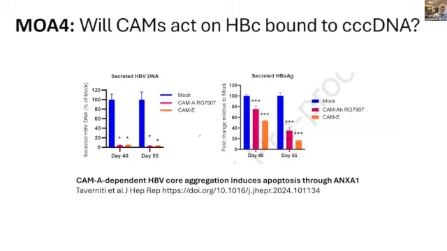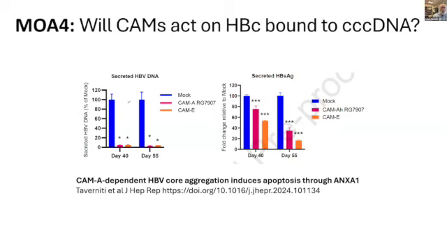Evidence of CAM effects on cccDNA are present in the literature, sometimes in unexpected places. The goal of this very recent paper by Taverniti et al. was to examine CAM-A-dependent core aggregation and apoptosis. They used a CAM-E as a control molecule.